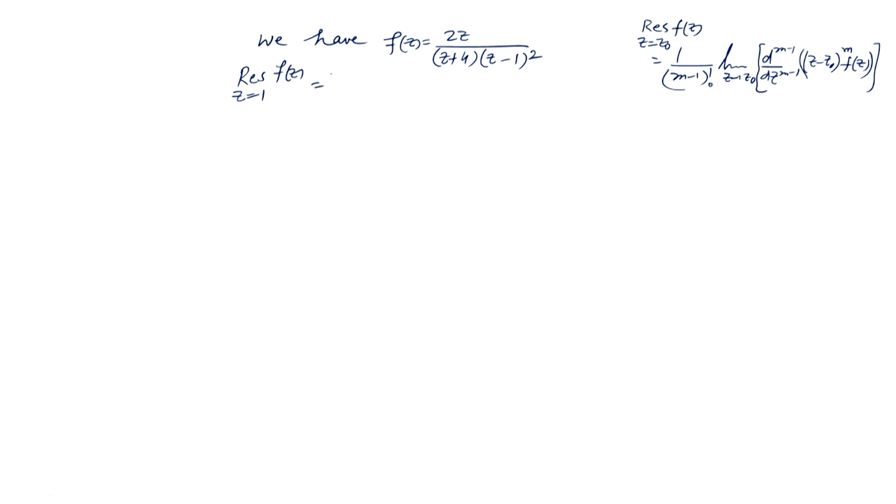Here we have a pole of order 2, so m is equal to 2. So, 1 over (2 minus 1) factorial, limit z tends to z naught, which is 1, so z tends to 1, d over dz, because m is equal to 2.